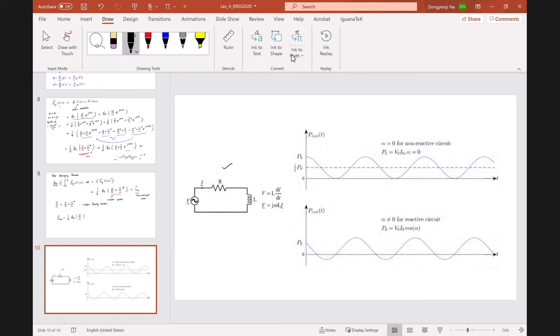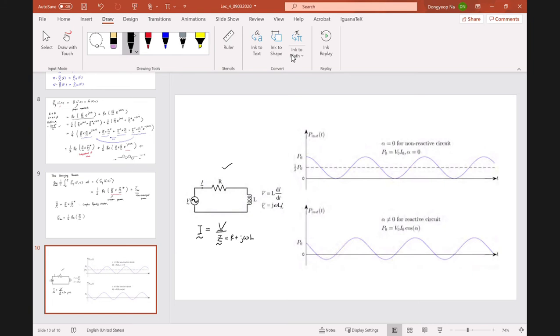Usually, we can write the current flowing along this circuit as voltage over impedance. Impedance is going to be R plus j omega L. And actually, it is the phasor.